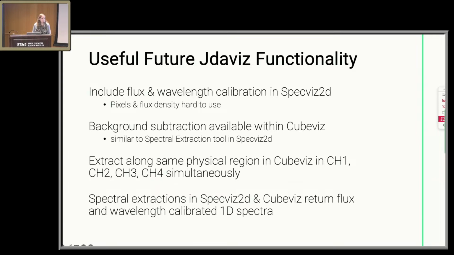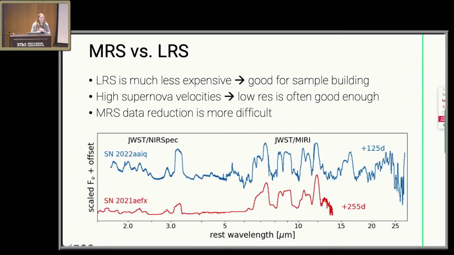And then I just wanted to end with a discussion of MRS versus LRS. Of course, it depends on your science case. For our supernovae, which are point sources, and they have velocities of thousands of kilometers per second, the features are really quite broad.